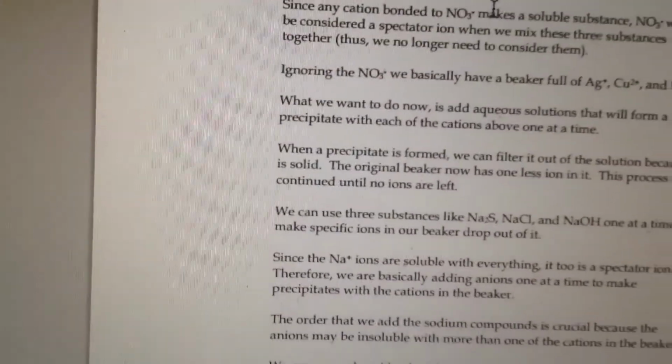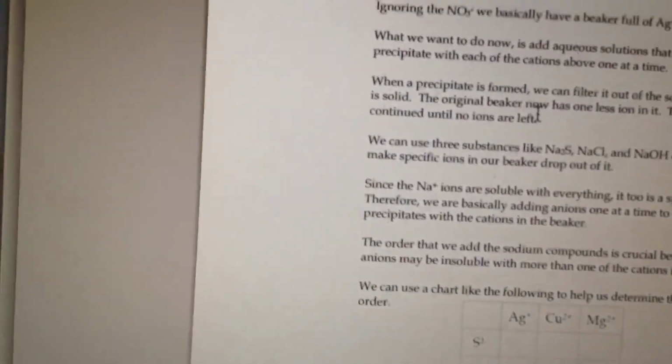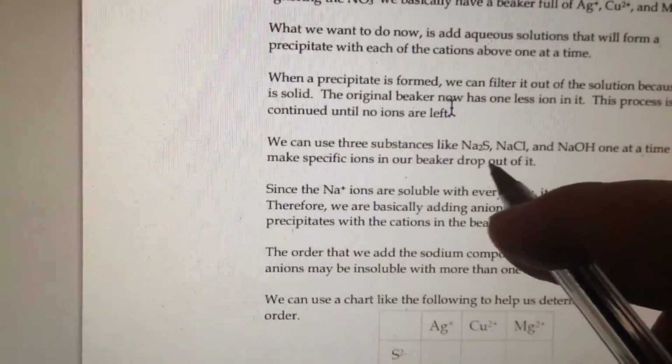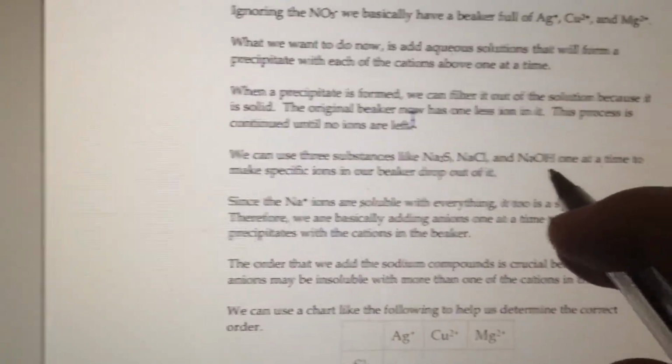Now I want to know, if I wanted to remove each one of these ions one at a time, what should I add first? Let's go back to the notes here. Do I add the sodium sulfide, sodium chloride, or sodium hydroxide?